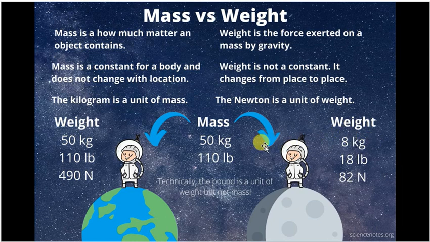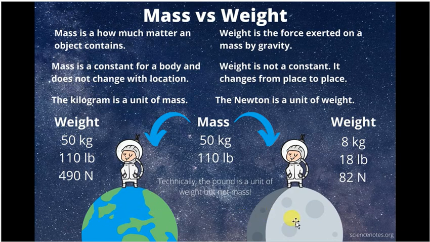If we take a look at this picture, we can see two people. One of these people is standing on the planet Earth, which is a regular planet. Over here on the right, we see another person standing on the moon. Now the moon we know is smaller than the Earth.